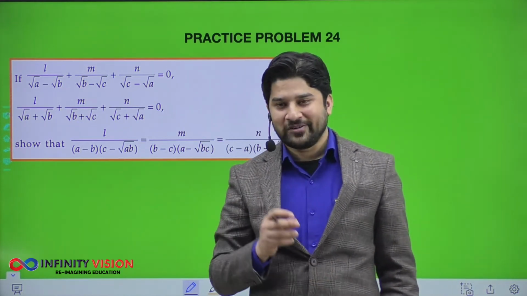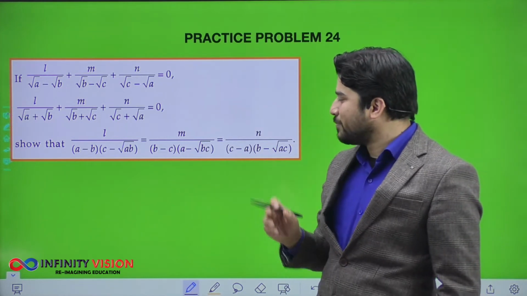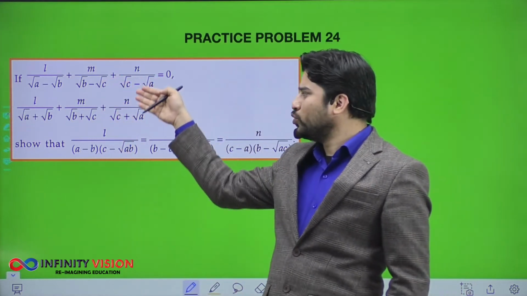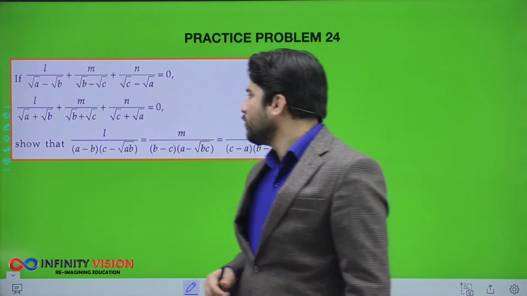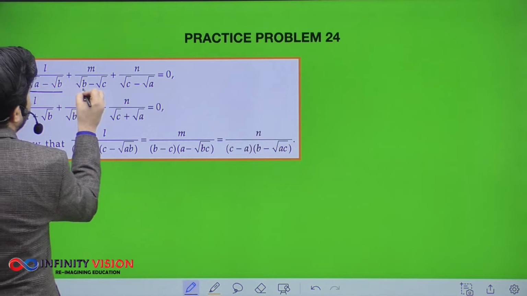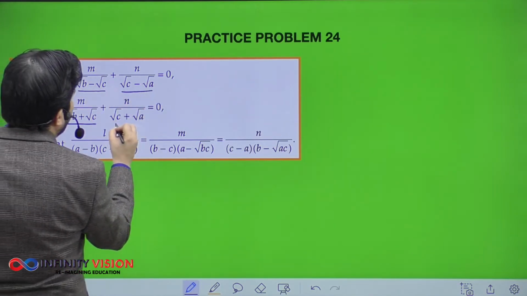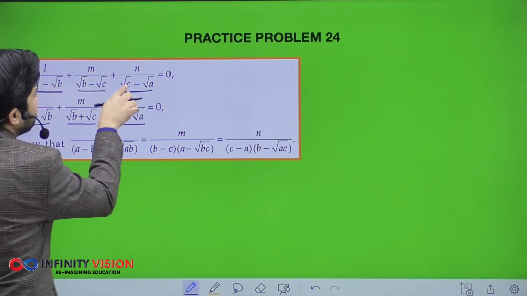Now this question looks a little difficult to tackle, but if you have a little patience, you would understand that this is nothing but solving two linear equations with three unknowns, and we can easily find their proportion. For that, of course they have given you the irrational expressions, but you see that they are also in cyclic form, that you have AB, then you have BC, then you have CA.